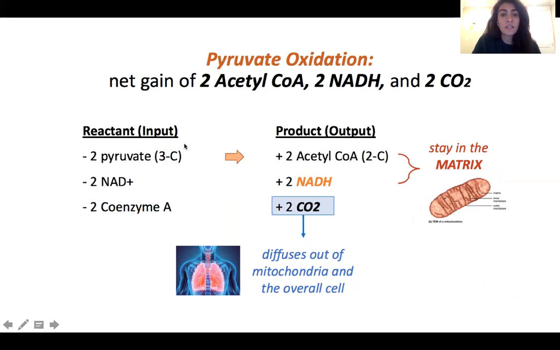So because of this reduction or loss of carbons, we're going to generate a CO2. And also through this process, we're going to make NADH.